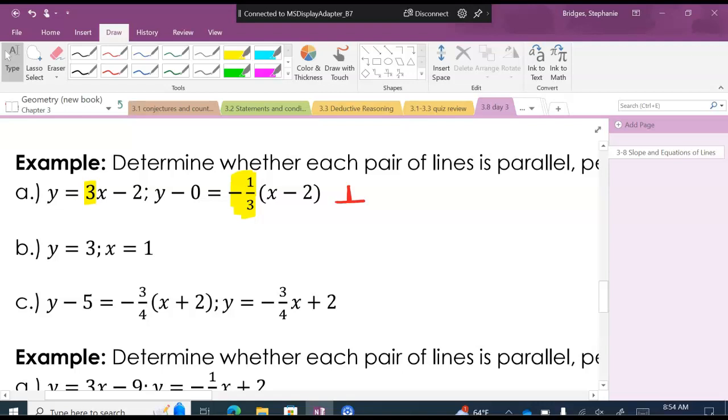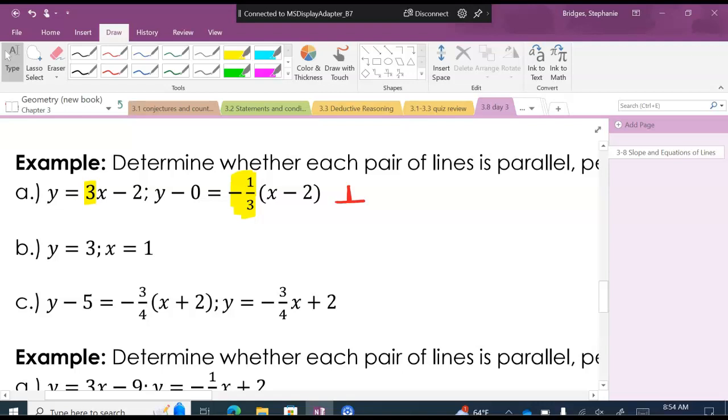Are they exactly the same? Are they opposite signs and reciprocals? They are reciprocals, but they're not opposite signs. So it's neither. We ready?